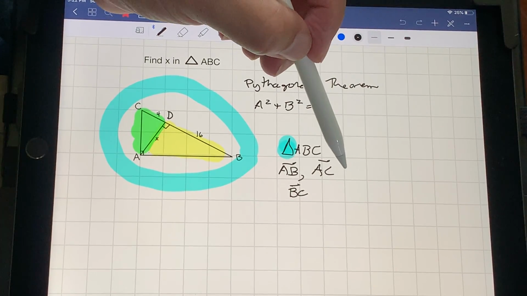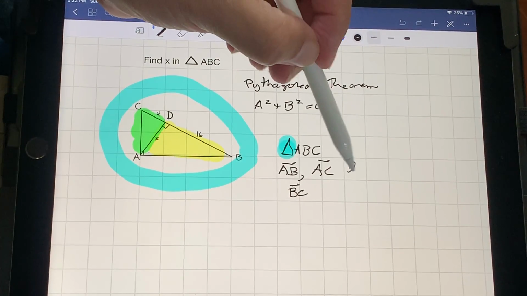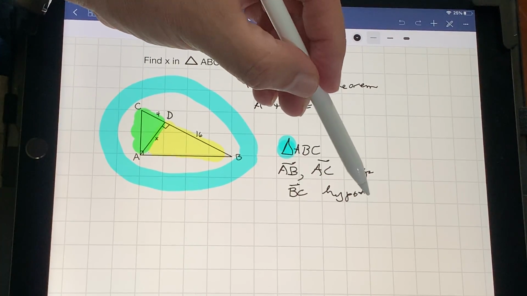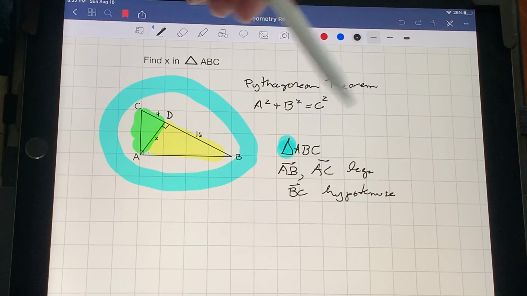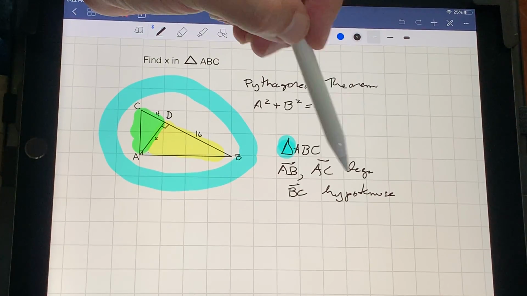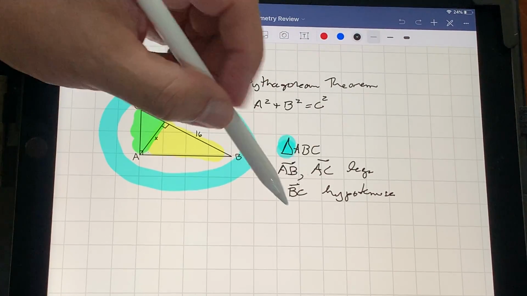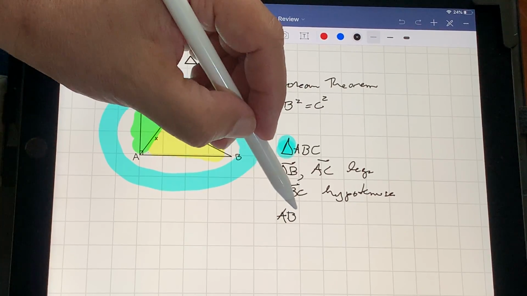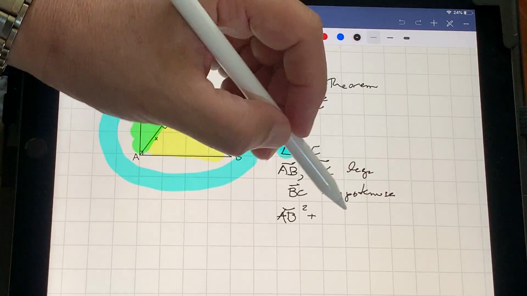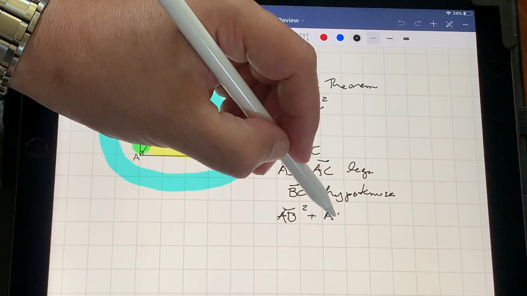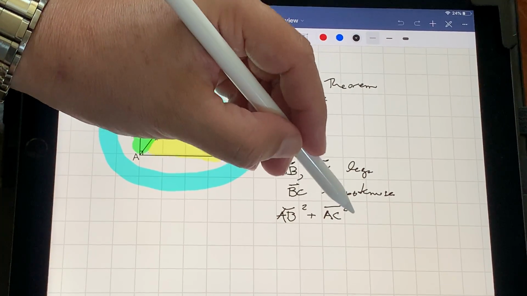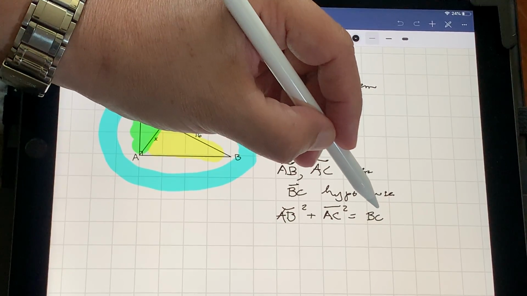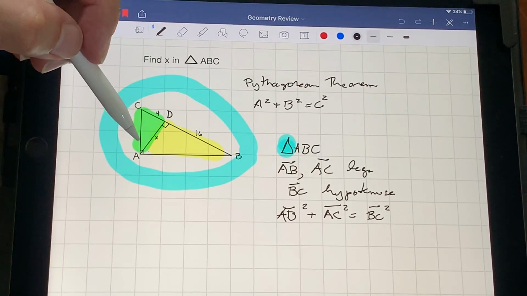So from these three letters, remember these are my legs, this is my hypotenuse, then I can say that the segment AB squared plus the segment AC squared is going to be the same as the segment BC squared.